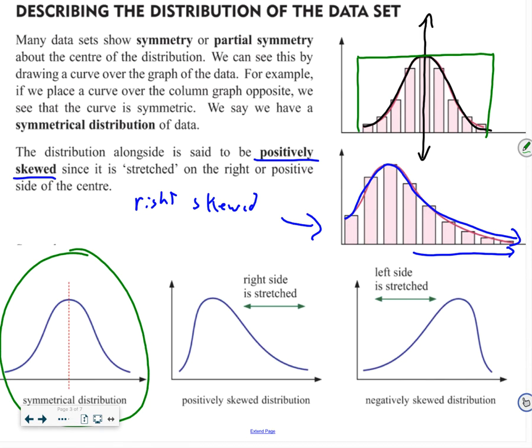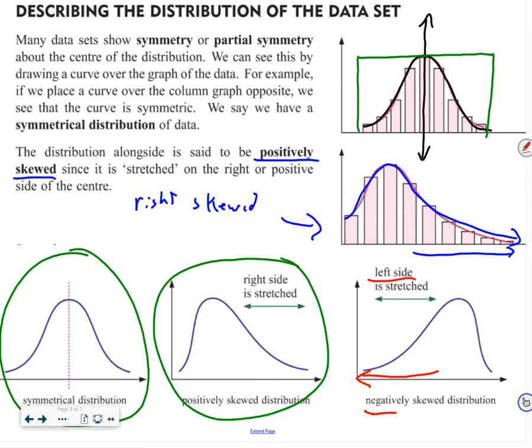This is a right side or positive skewed distribution. And then we could have numbers that are skewed to the left, where the numbers are pulled out this way. That's a left side distribution or a negative skewed distribution.